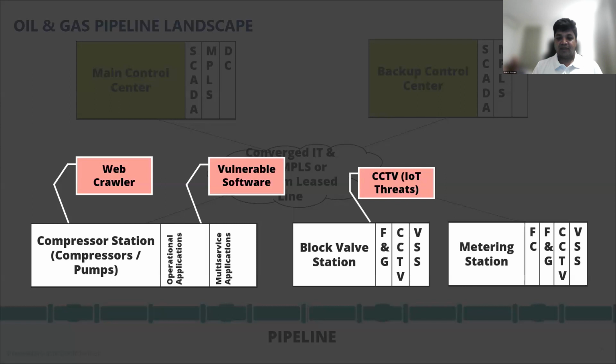Or there can be CCTV cameras which have been installed years ago, and the CCTV cameras have not been upgraded. So these can also bring in threats, and especially if these are connected to a central server for any kind of remote monitoring of the process against safety hazards or fire hazards and things like that.